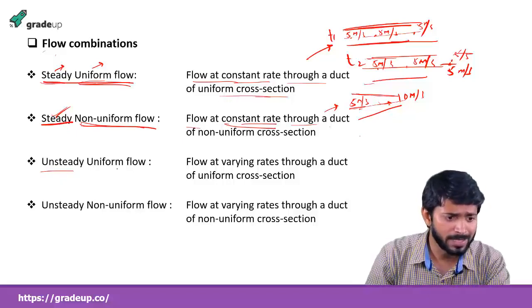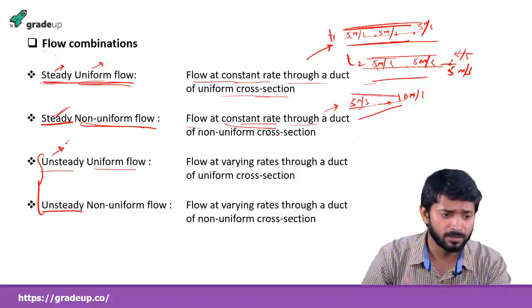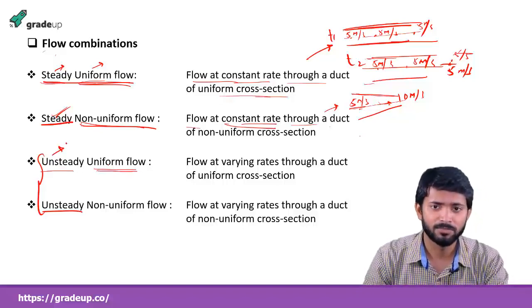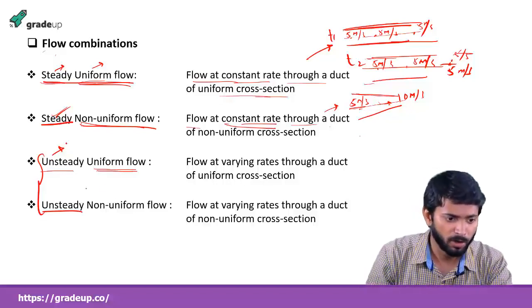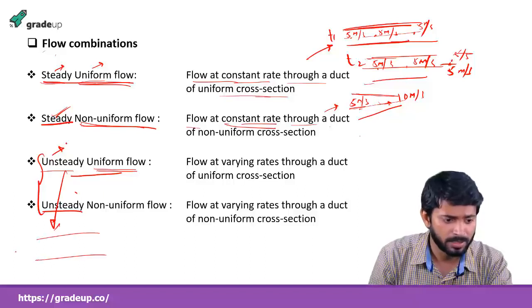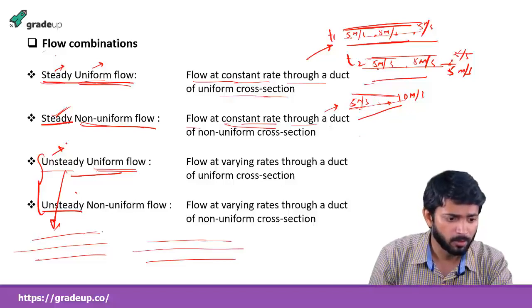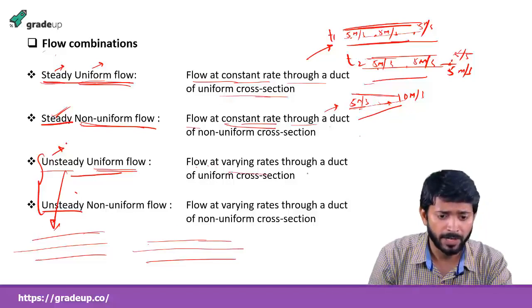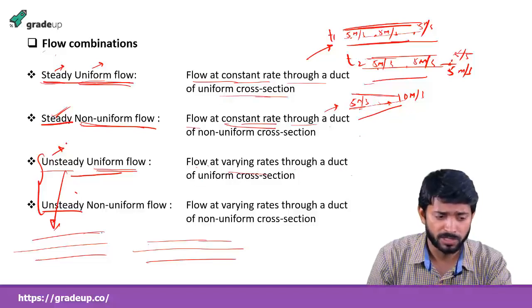Now talking about the unsteady uniform flow. Here it is unsteady, so the flow condition changes with time, and uniform is given, which means the flow doesn't depend on the location. Just take an example here: it is one flow condition, and it is another flow condition. The cross section is the same, flow at varying rate through a duct of uniform cross section.